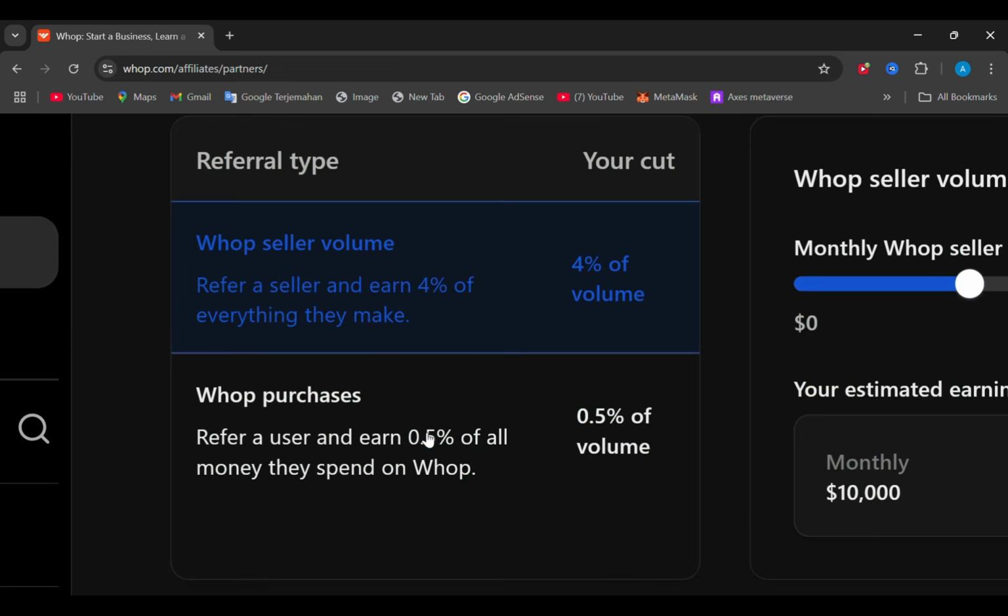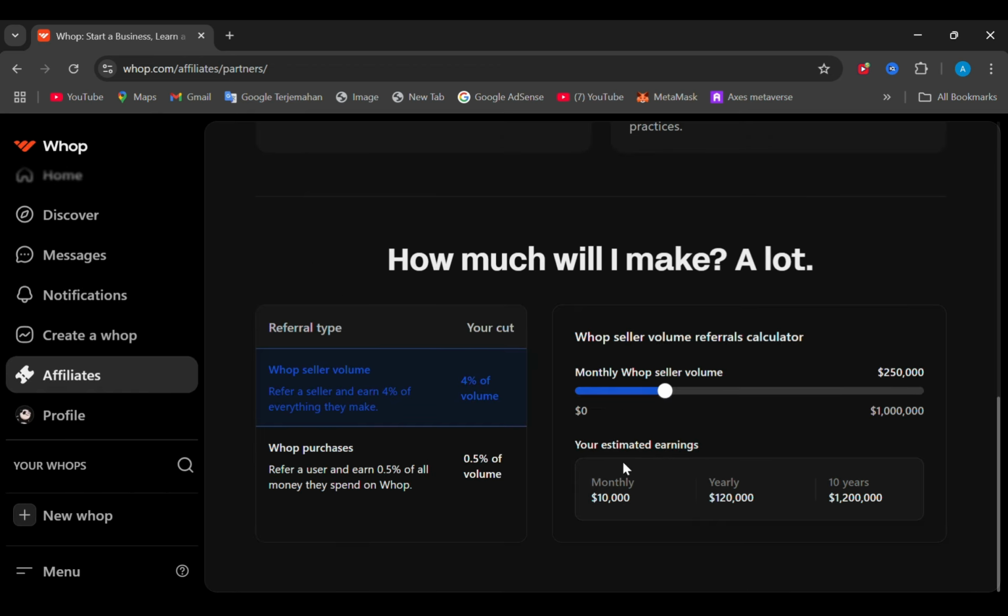And if you refer a user, you earn 0.5% of all the money they spend on Whop. So if your users spend money, you will get 0.5% of the volume. So this is the simulation. Let's see, yeah, you can try it.